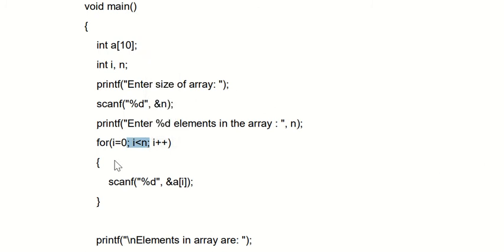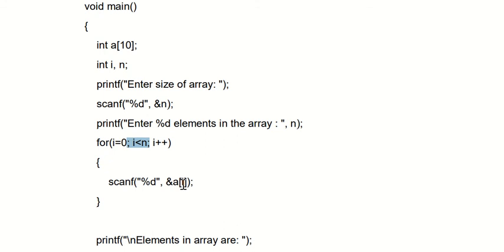Again it will go inside that for loop, scanf. Again a of 1, which means the second time whatever value you enter will get stored in a of 1. Likewise a of 2, a of 3, a of 4, which means we are done with the 5 values, a of 0, a of 1, a of 2, a of 3 and a of 4.